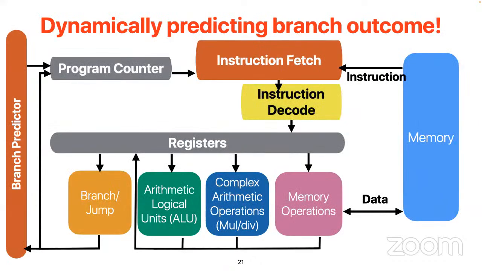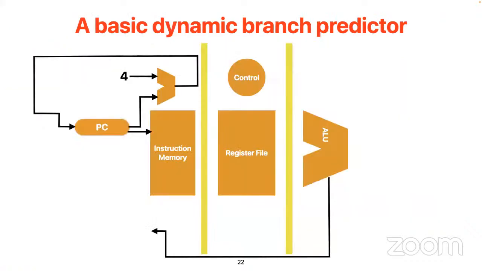A solution that we introduced in the class is called dynamic branch prediction. The idea is that, in addition to the original processor, we add a dynamic branch predictor, which helps us predict the outcome of the branch and provides another program counter for the instruction fetch unit to use.